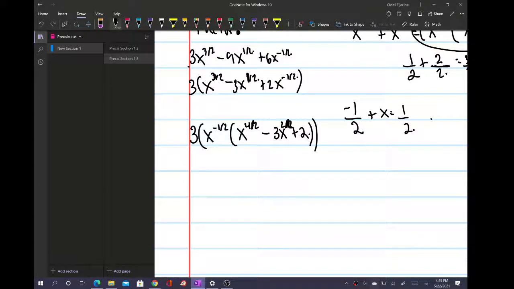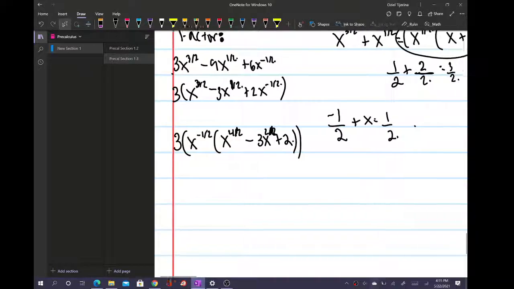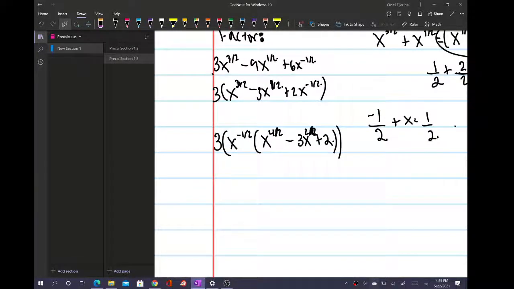So you have to be careful. This is a tricky problem. That's why it's taking me a little bit longer, but we have 3x to the negative 1/2 times, so x to the 4/2, that's just x squared, minus 3x to the 2/2, that's 3x, right? And then plus 2.